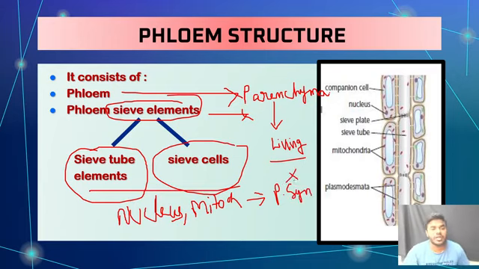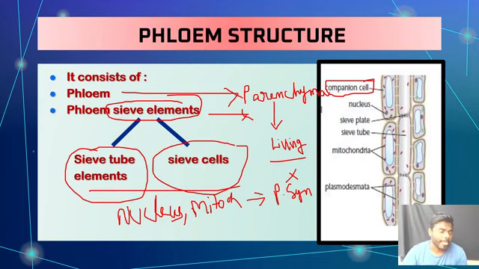Now you will get a doubt, sir, for protein synthesis they are dependent on what? So for protein synthesis, phloem sieve tube elements are dependent on a specialized cell. What do you call that particular specialized cell? Companion cell. Please kindly don't confuse this.